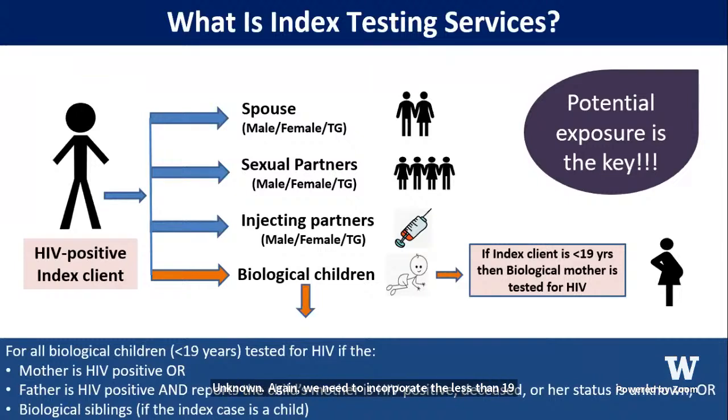And if the index case is a child of less than 19 years, then definitely we should inquire about the biological siblings and the biological mother and father of the index case. Next, please.